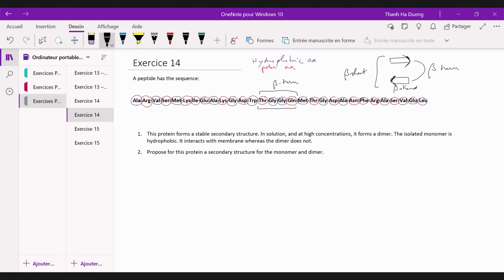And you remember when you have a side view of your sheet, you have the first side chain on the top and the second side chain on the bottom.